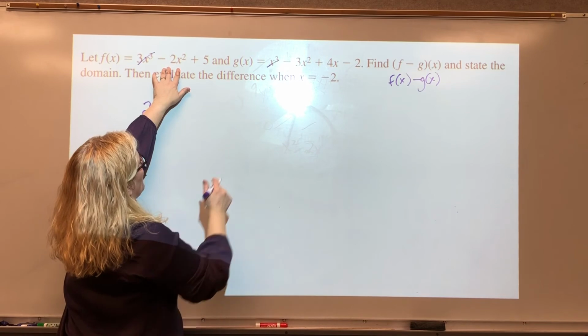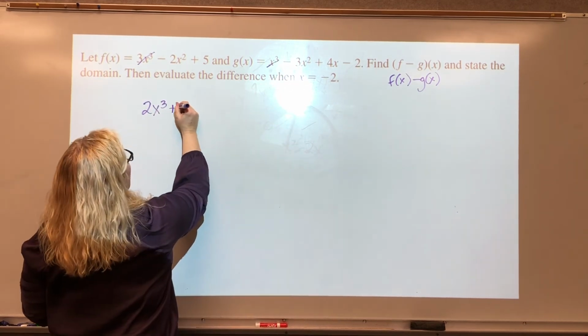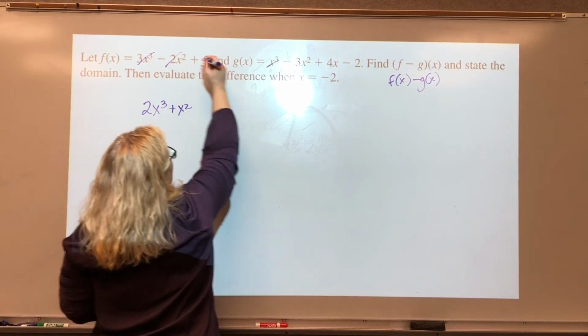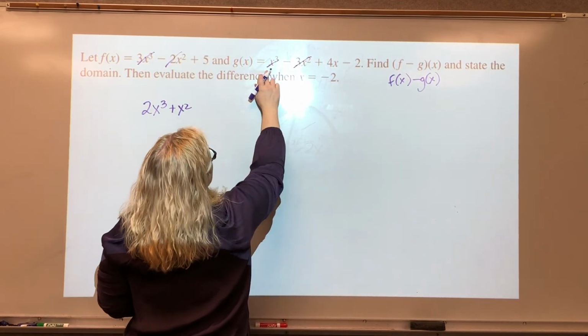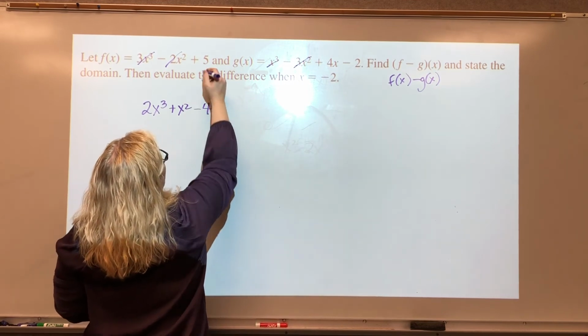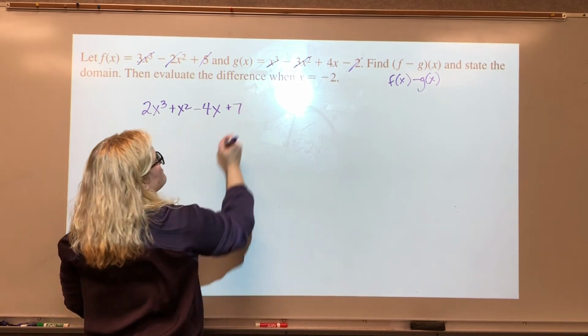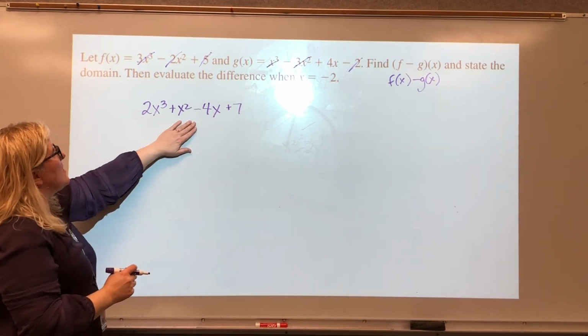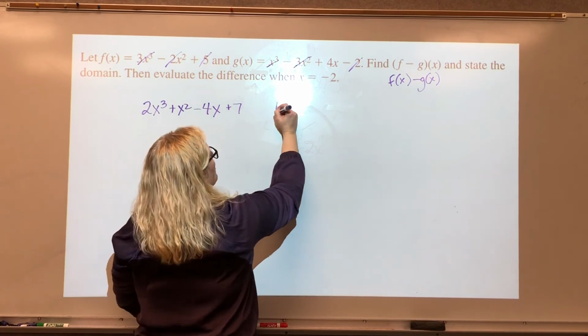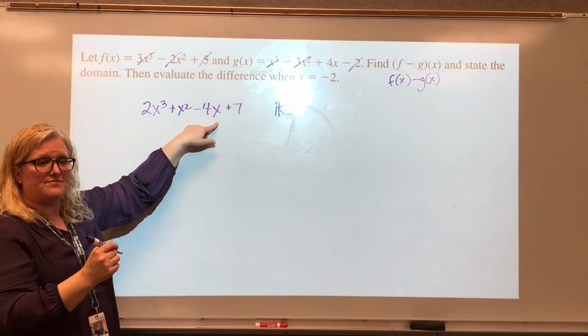Minus 2x squared minus a negative 3x squared is a positive x squared. Then, since this is being subtracted, I have a negative 4x, and then 5 minus a negative 2 is 7. And the domain is all real numbers, because I can put anything in for any of these x's.